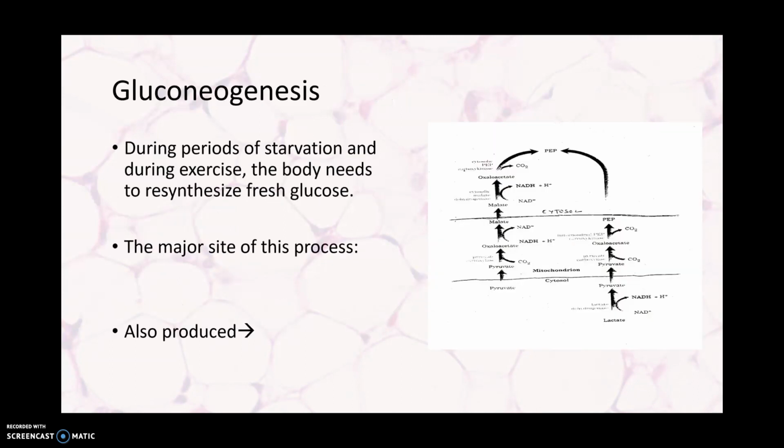All right, so let's talk about gluconeogenesis a little bit. During periods of starvation and during exercise, the body needs to resynthesize fresh glucose, right? So for example, when we talked about last week, we briefly talked about this. So we can talk about how marathon running or some sort of triathlon or some sort of very long endurance event, this is where individuals start to kick up gluconeogenesis.